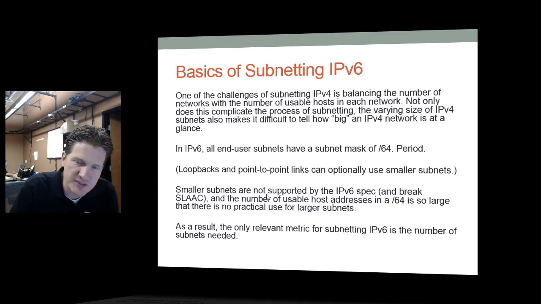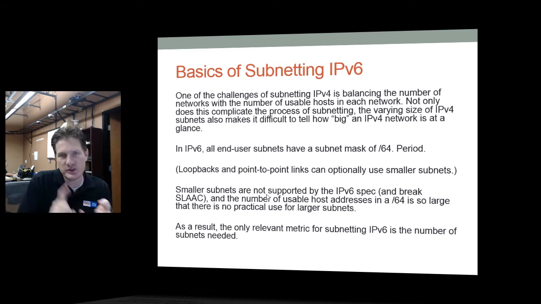There are smaller subnets for loopbacks and point-to-point links like between router devices, but these are specialty circumstances. They would not be assigned to hosts. Smaller subnets are not supported in general, meaning if you use smaller subnets than a /64, it will break SLAAC.